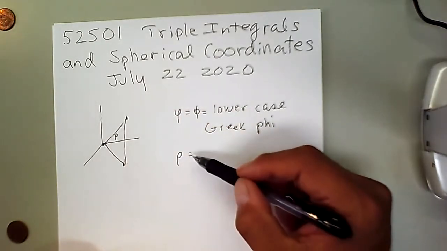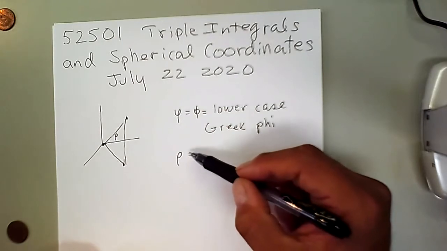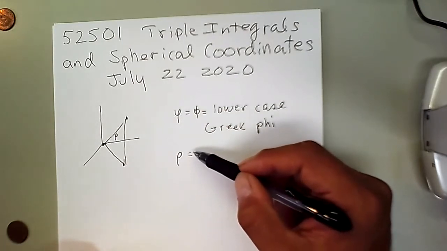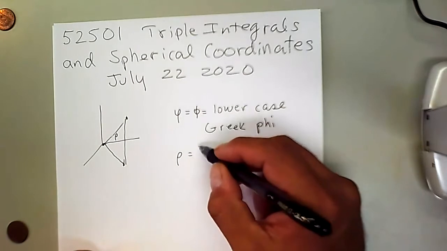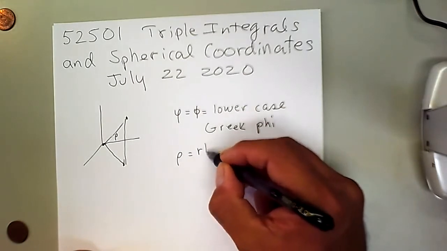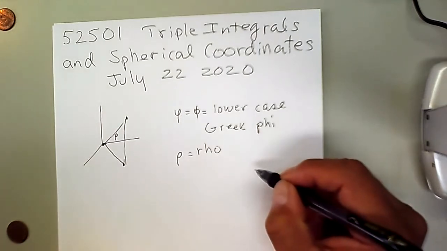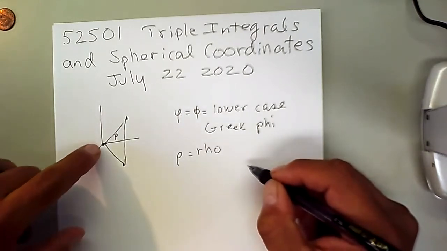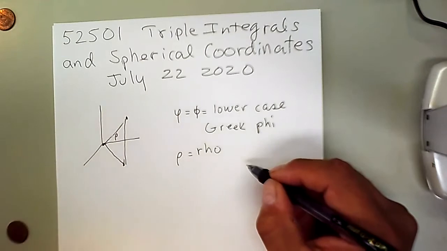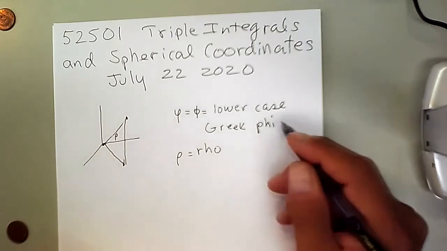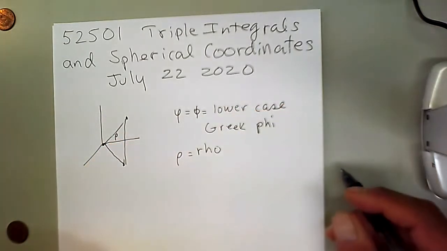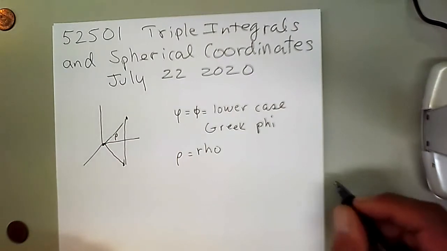Unfortunately, we're using the same letter as the one we use for density. It's just the way it is. So when you see rho, be aware that it could be the distance from the center to a point in spherical coordinates, or it could be the density, but that's a different kind of meaning.